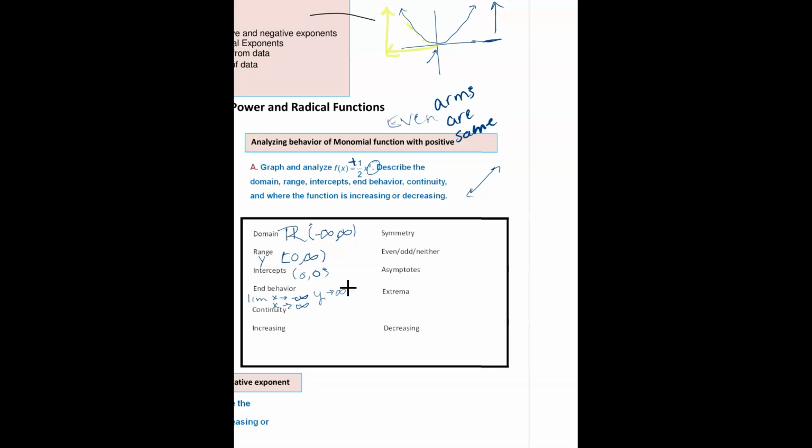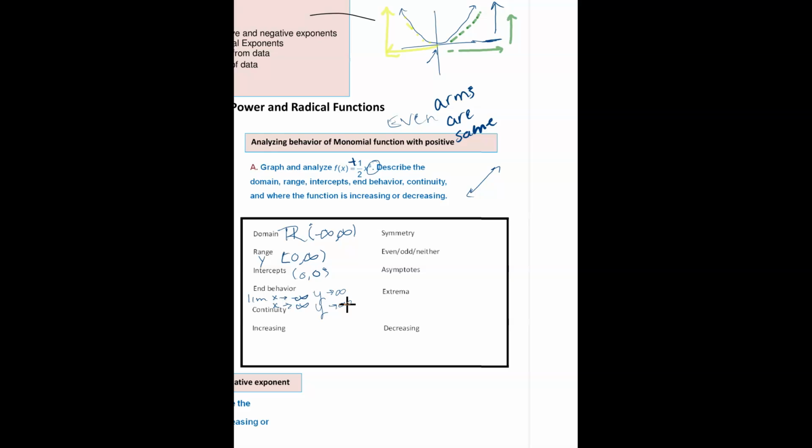And if we go the opposite direction, let me change colors, as x values get positive, the y values go up. As x gets bigger and bigger, y is going up. So we are just going to say the same thing here: y goes to infinity.